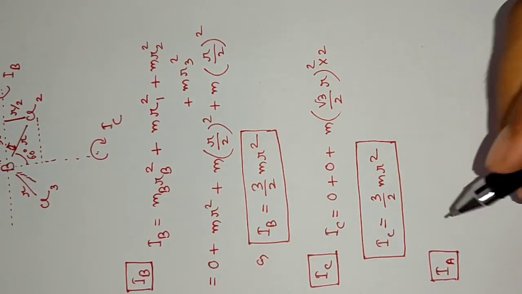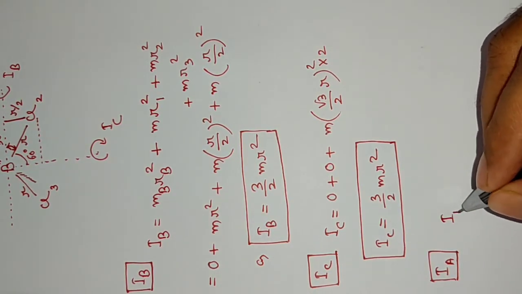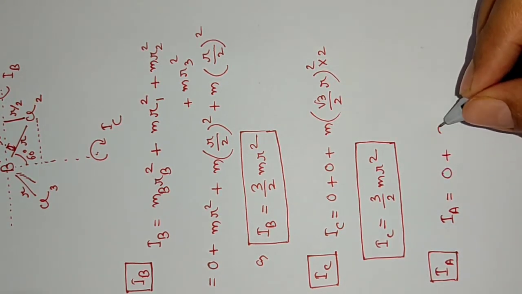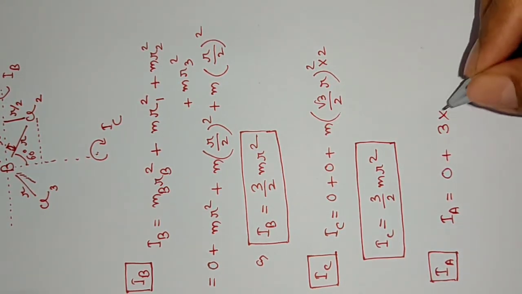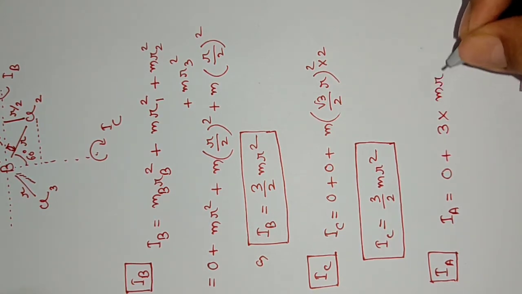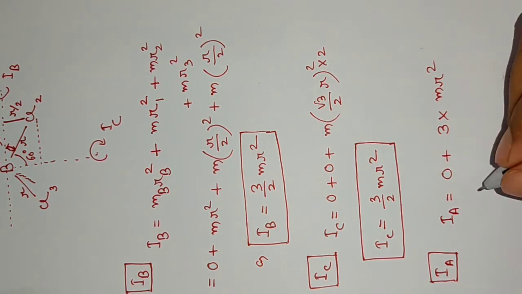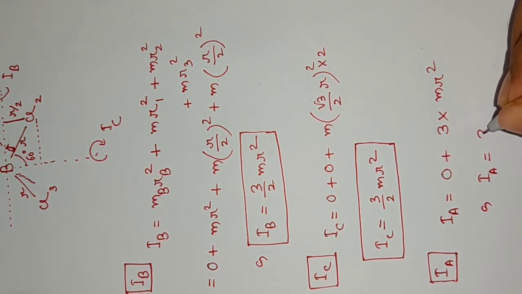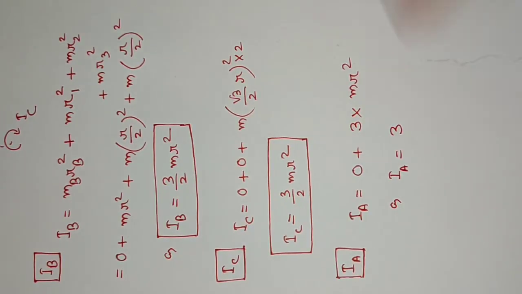So IA will be 0 plus 3 into same contribution from all the chlorine atoms, it will be m r square. So IA equals 3 m r square.